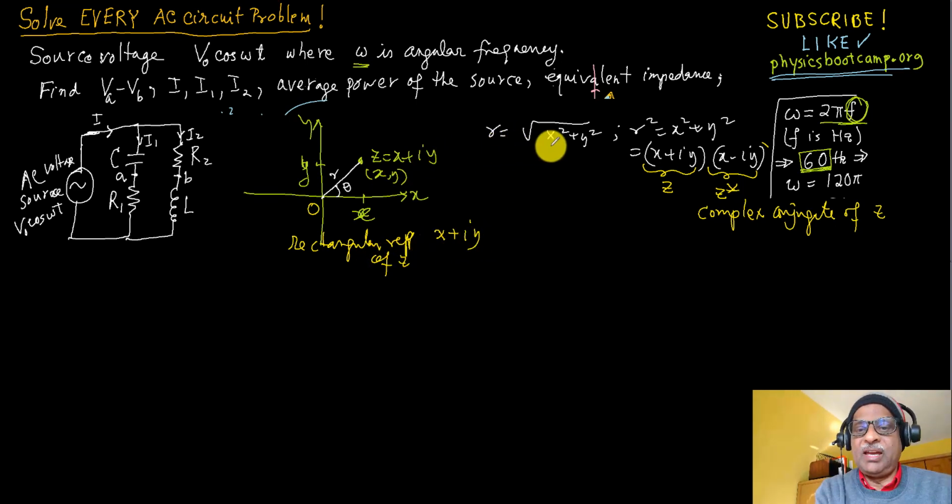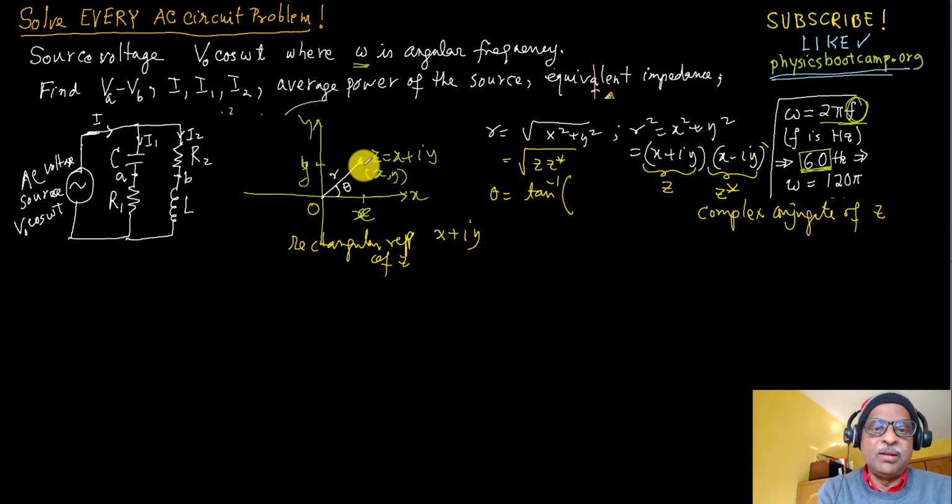Now you could say I could represent something like this, just give you the distance r and theta, so the r will come out like this. So r will be the square root of z z star, and theta will be the arctangent. So this right angle triangle, you can just do y over x.